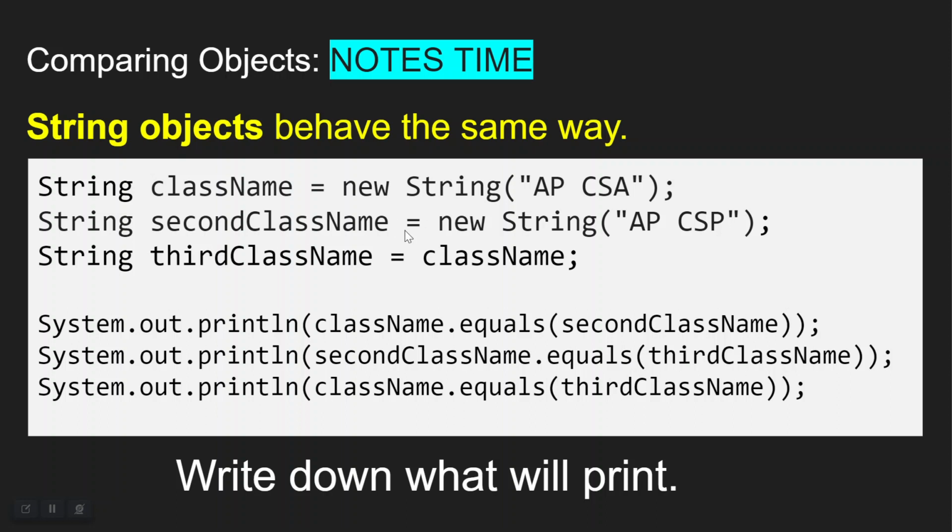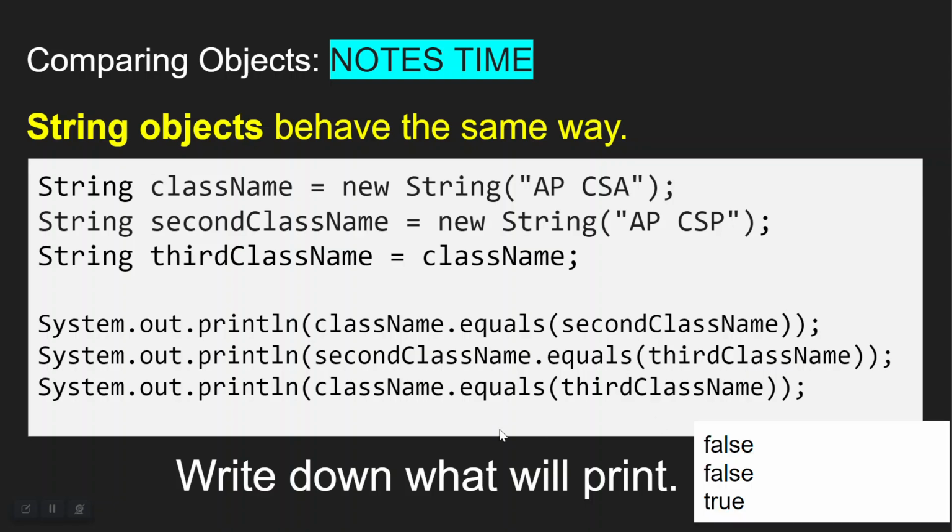Let's see. secondClassName is APCSP. thirdClassName, since it's an alias, is going to be APCSA. So we would expect this one to be false as well. But if we printed className.equals(thirdClassName), these are aliases. So className contains APCSA, and thirdClassName is also containing APCSA. So we would expect that to be true, so it would print false, false, true.